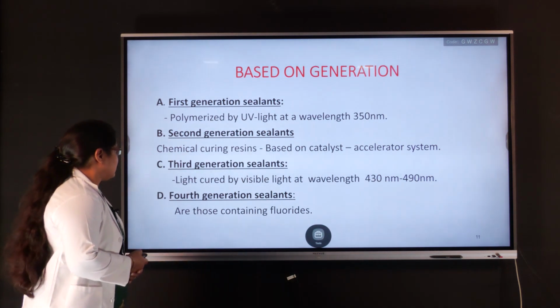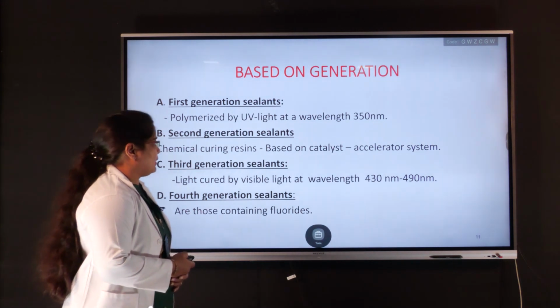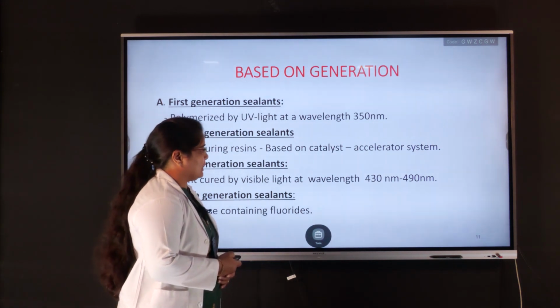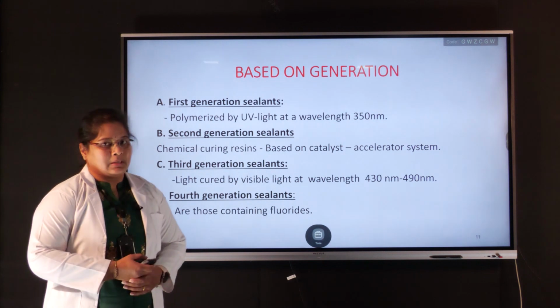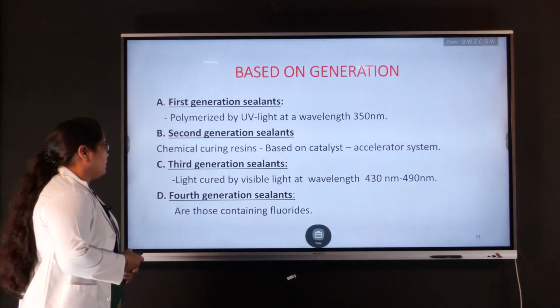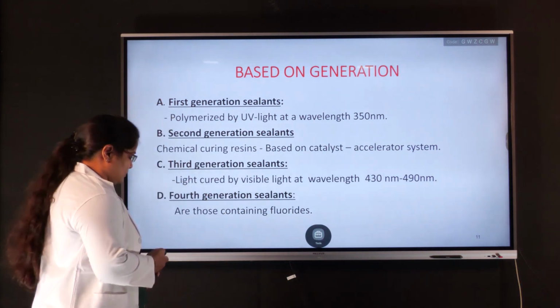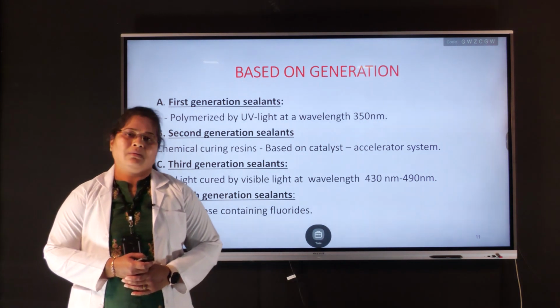Third generation sealants are polymerized by visible light at a wavelength of 430 to 490 nanometers. An example is Fissure Delton. Fourth generation sealants are fluoride containing sealants. An example is Delton Plus.